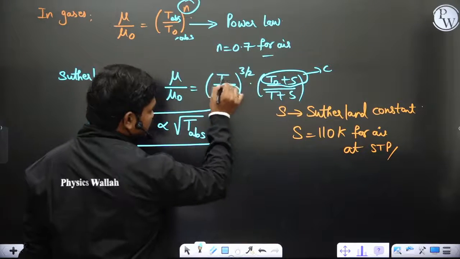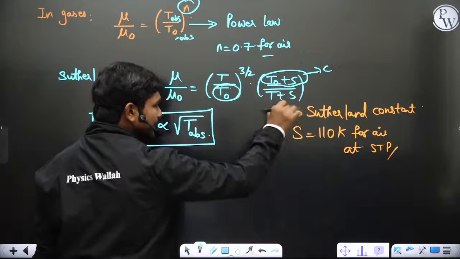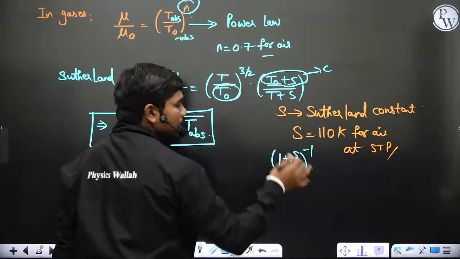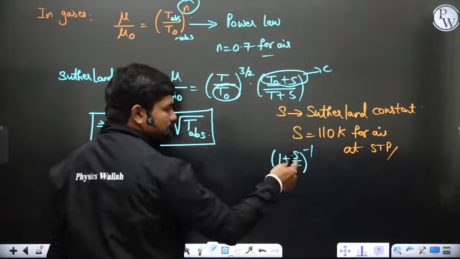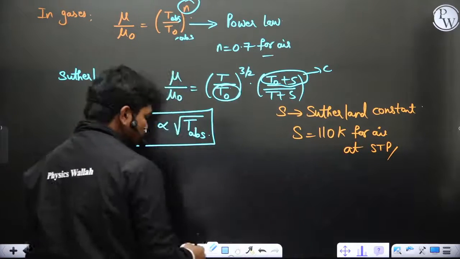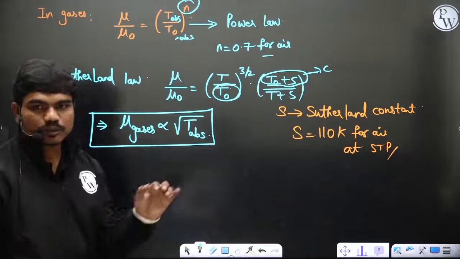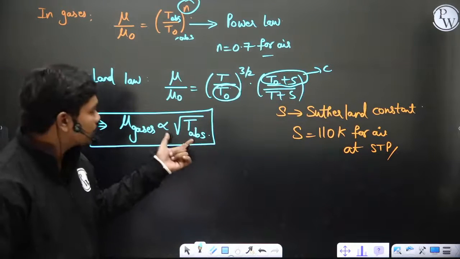T cancels against T power 3 by 2, leaving square root of T times (1 plus S by T) to the power minus 1. If you expand using binomial expansion, S by T is very small, so that is very close to 1. So the dynamic viscosity of gases is almost proportional to square root of T absolute. Clear?